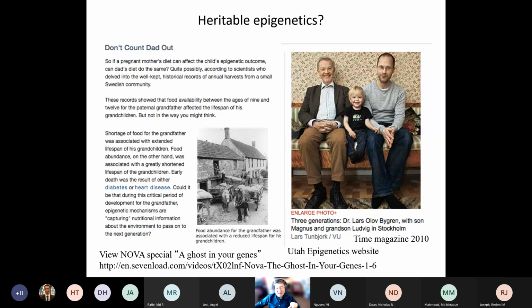Interestingly, this only happens in boys, in grandpa and grandson, not in females. So maybe there are other reasons that can explain this observation. That's why I say this may not be the best example. But maybe in the future, they will identify the genes and the modifications that are responsible.